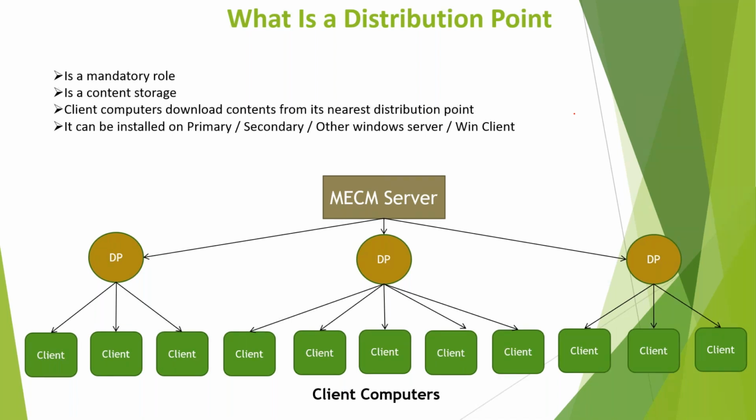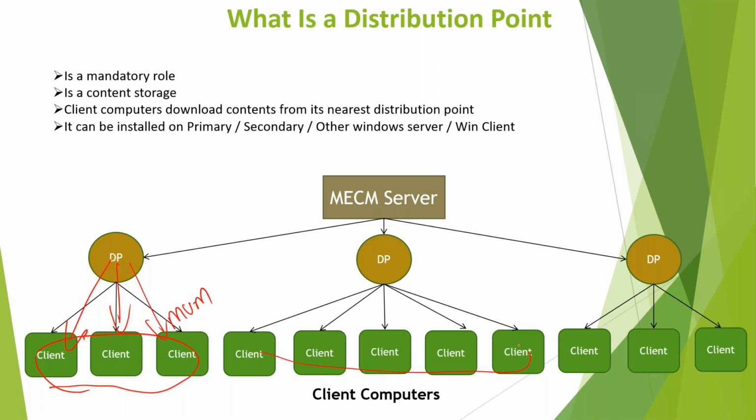Similarly, let's say these are the 3 machines which are in Mumbai. They will download content from the Mumbai distribution point, like application files, let's say Office 365 or 7-zip or FileZilla or any application. The client machine will download from its nearby distribution point.